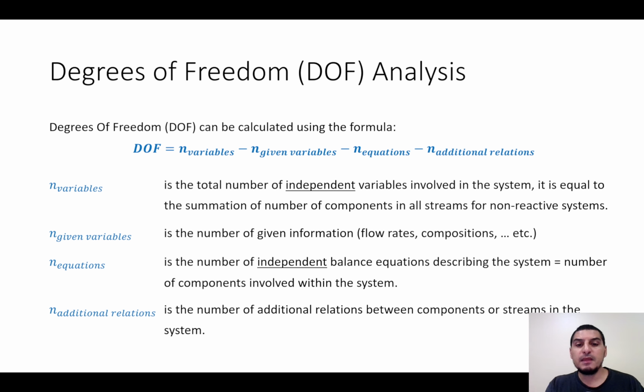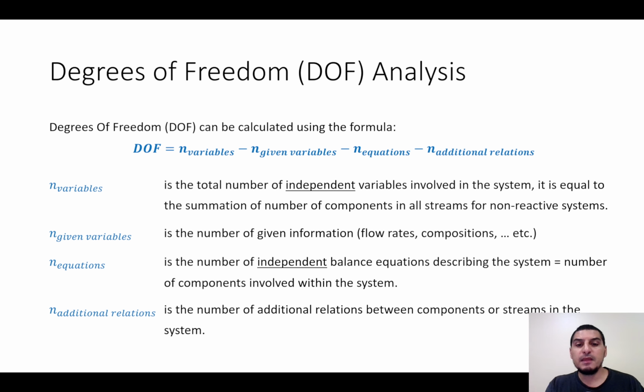And now we have the number of given variables, which is the information that we know, whether we know flow rates or compositions. This is something that we count as well, and we put it here. And now the number of equations, which, as we said before, is the number of independent mass balance equations, which is equal to the number of components involved in the unit that we are calculating the degrees of freedom for.